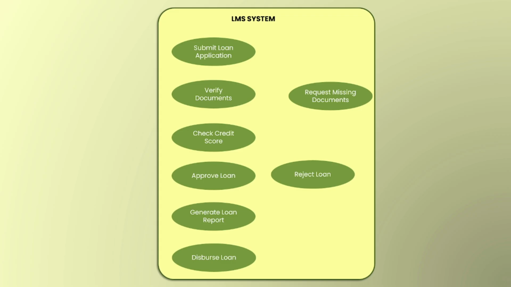This system should be able to submit loan application, verify document, check credit score, approve loan, then generate loan report, then disburse loan. If credit score is bad, then it should reject the loan. If documents are missing, then request the missing document from the person submitting the loan.